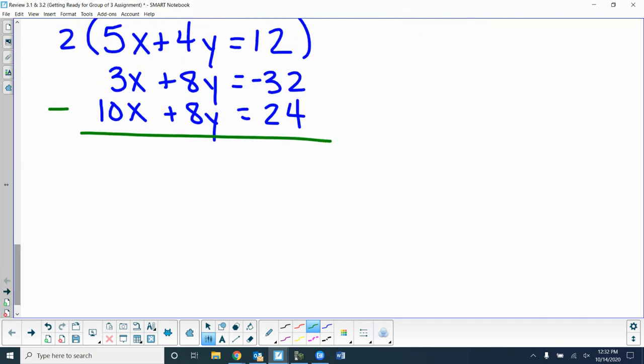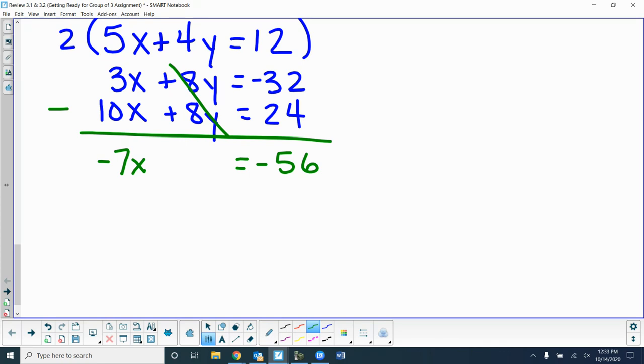So what's 3 minus 10? Negative 7. What's 8 minus 8? They cancel, eliminate. What's negative 32 minus 24? Negative 56. Where we mess up sometimes, if that was a negative 24, we're going minus a negative, so we end up doing what?